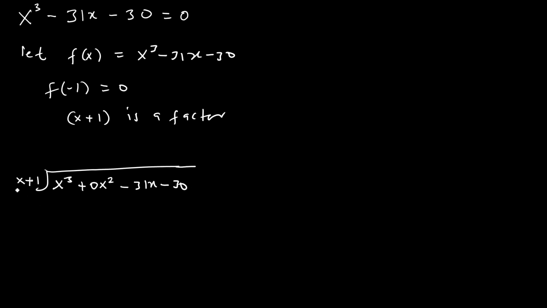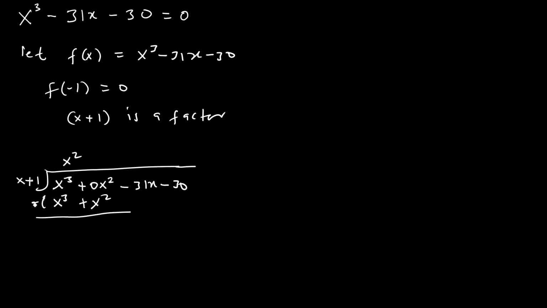Okay, so let's start. x cubed divided by x, I'll get x squared. So x squared times x is x cubed. x squared times 1 is x squared. Okay, so let's subtract. x cubed minus x cubed is 0.